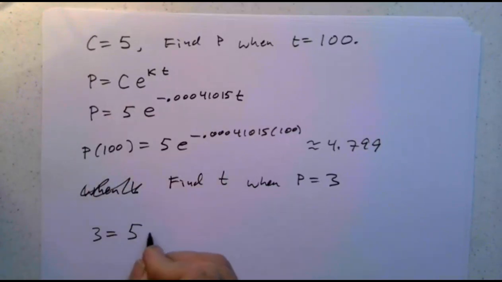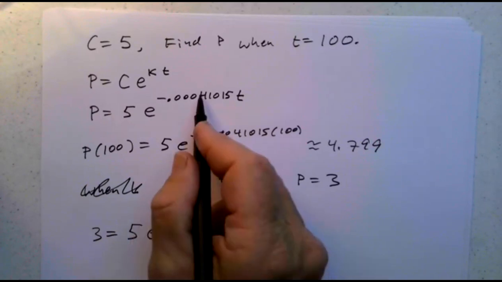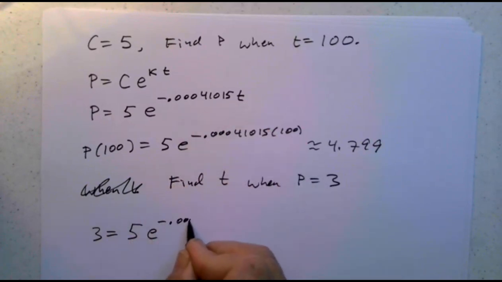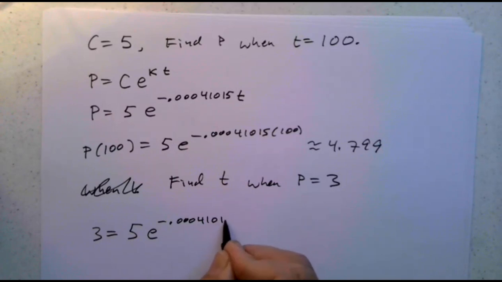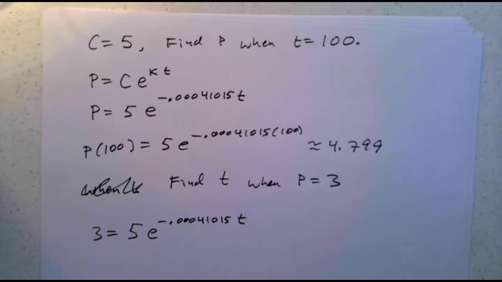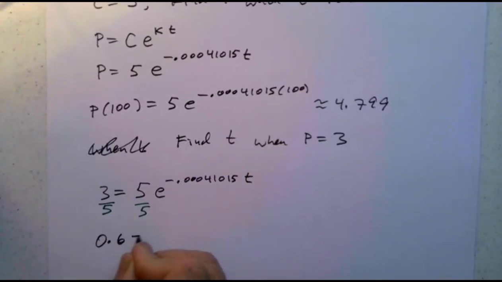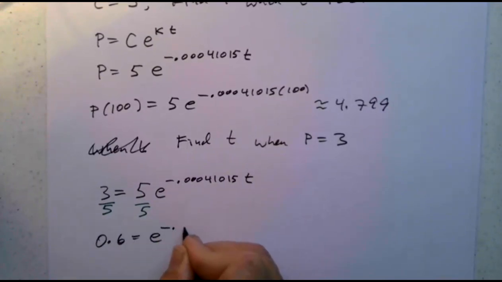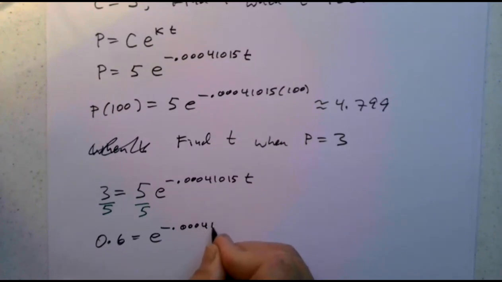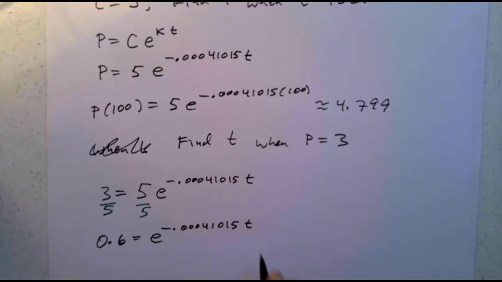E to the K is that nasty number, negative 0.00041015 t. That's what I'm going to try to solve for. So let's divide both sides by 5. The left side is 3/5 or 0.6. So we get 0.6 equals e to the negative 0.00041015 t.